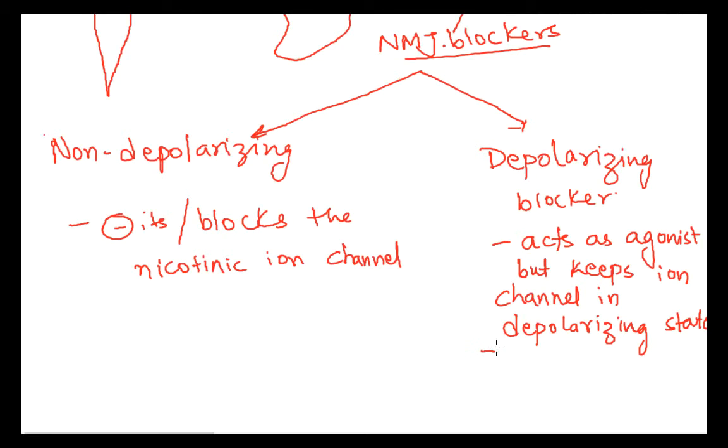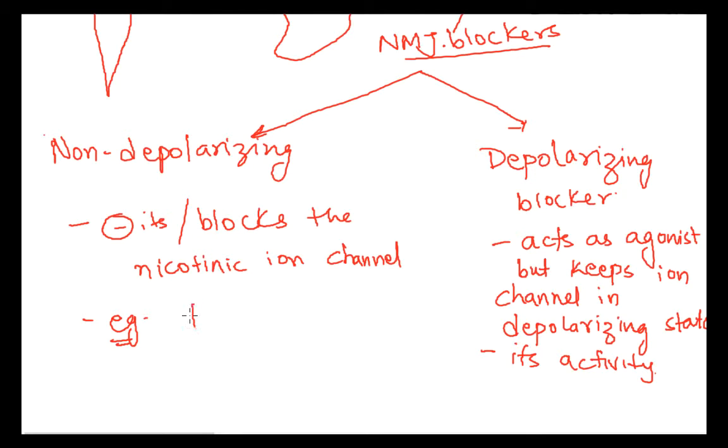So it's an agonist that keeps the channel always open. So this leads to inhibition of activity by persistent opening, while the other acts via competitive blockage of nicotinic ion channels, okay?